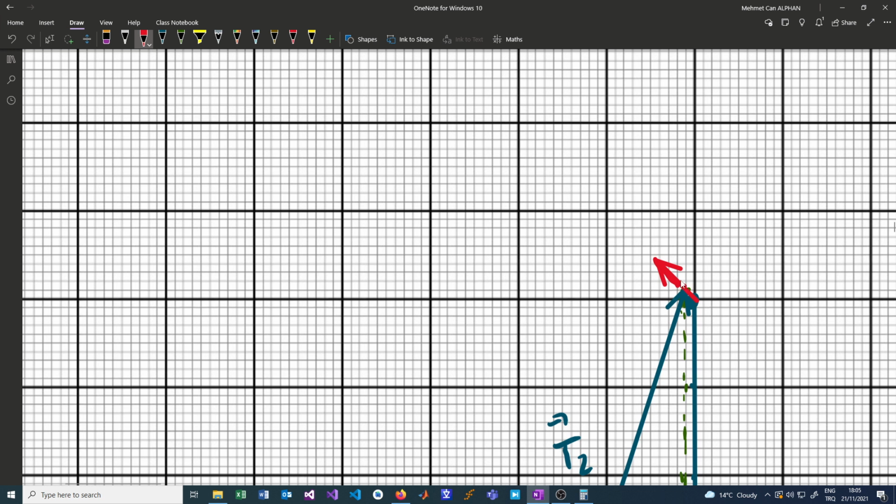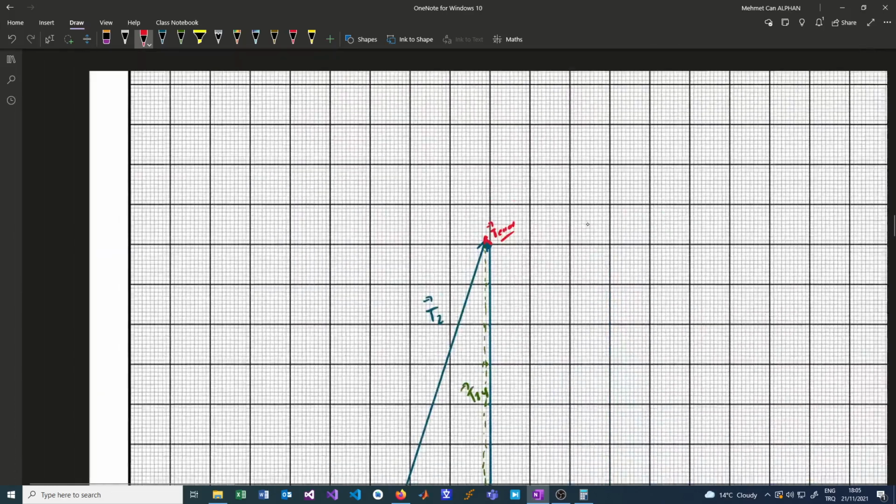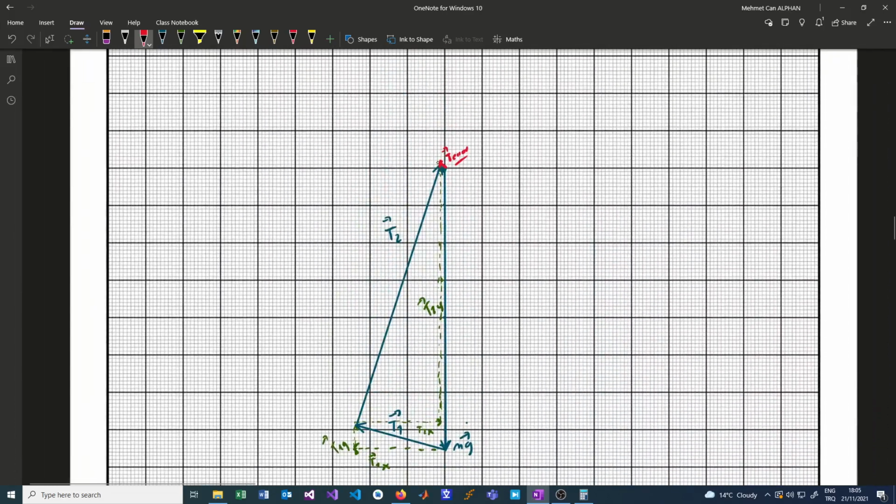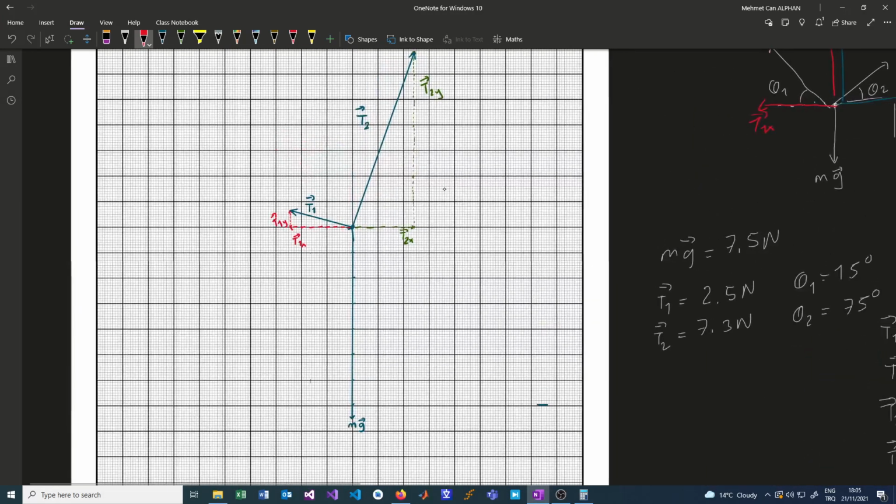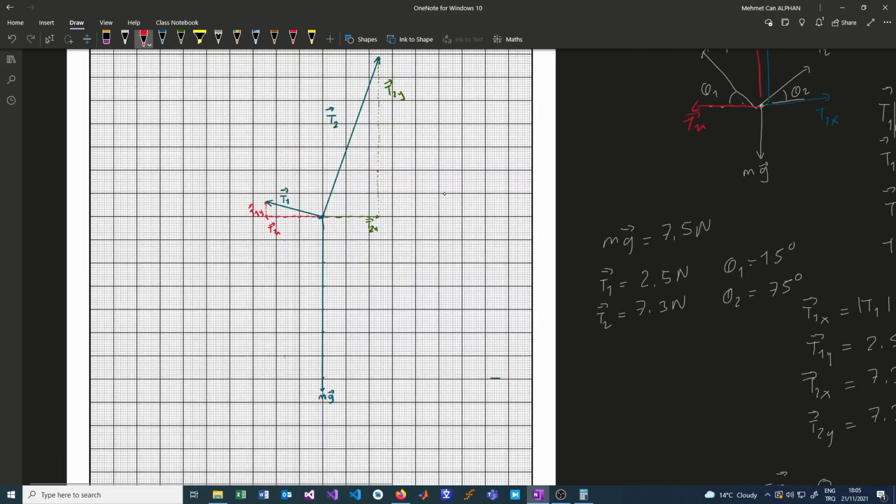Even I couldn't draw, but on the graph paper I can draw it using my pen. So that will be the T error vector, like this. So we draw the error in our experiment. We draw free body of our experimental result, and we learn how to calculate. Thanks for watching.